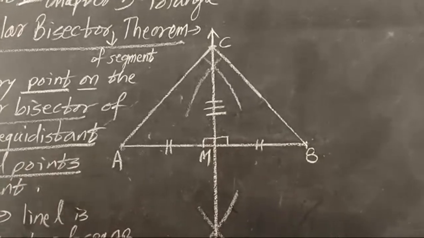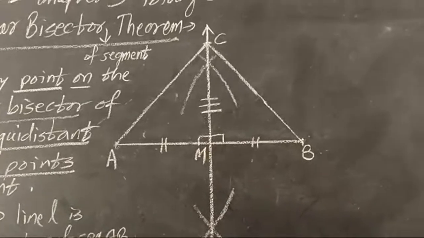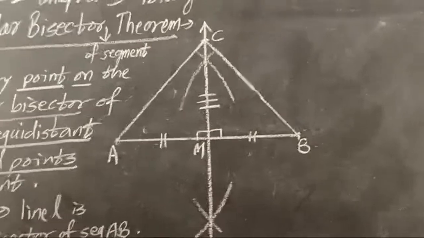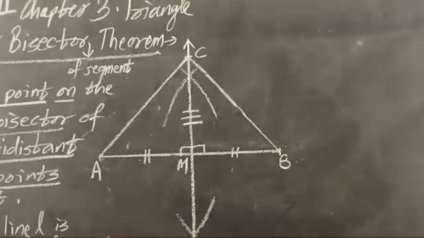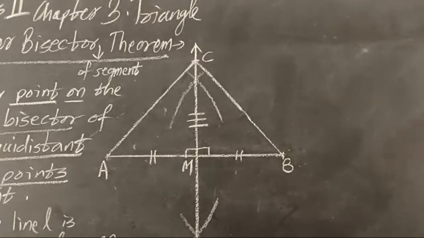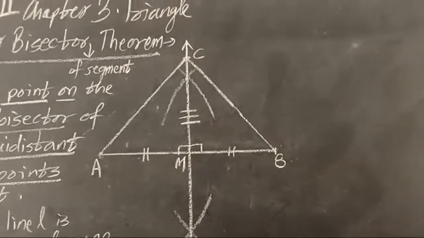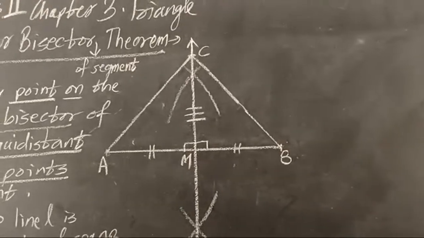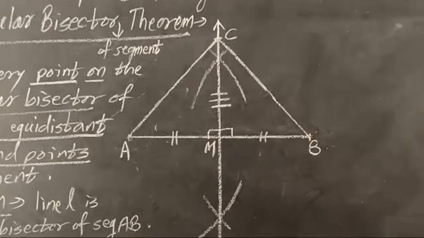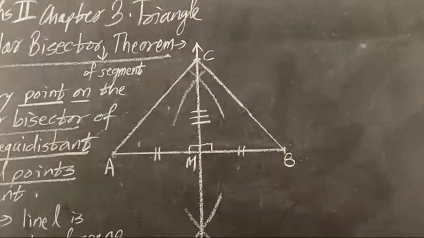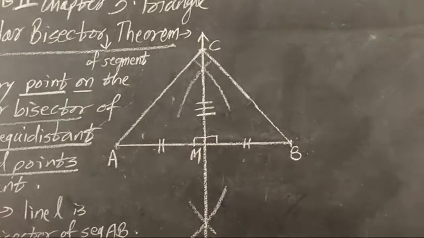Good. First possibility apply. Corresponding sides are congruent. That is the first possibility we apply here.